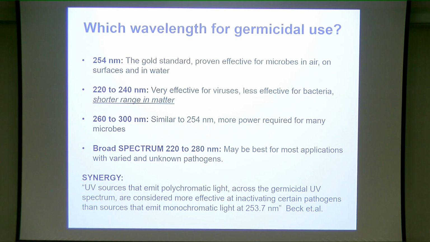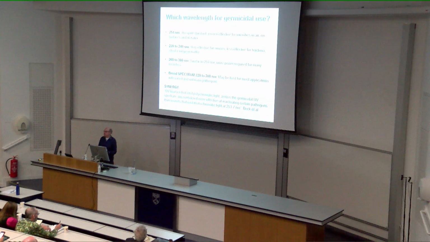So given these curves, and you're looking at different pathogens, viruses, bacteria, spores, and so on, what wavelength for a given application would one want to use? Clearly, it depends on your application. 254 nanometers, I call the gold standard, so narrow light from mercury vapor. And it's proven effective for most microbes in air, on surfaces, and in water.